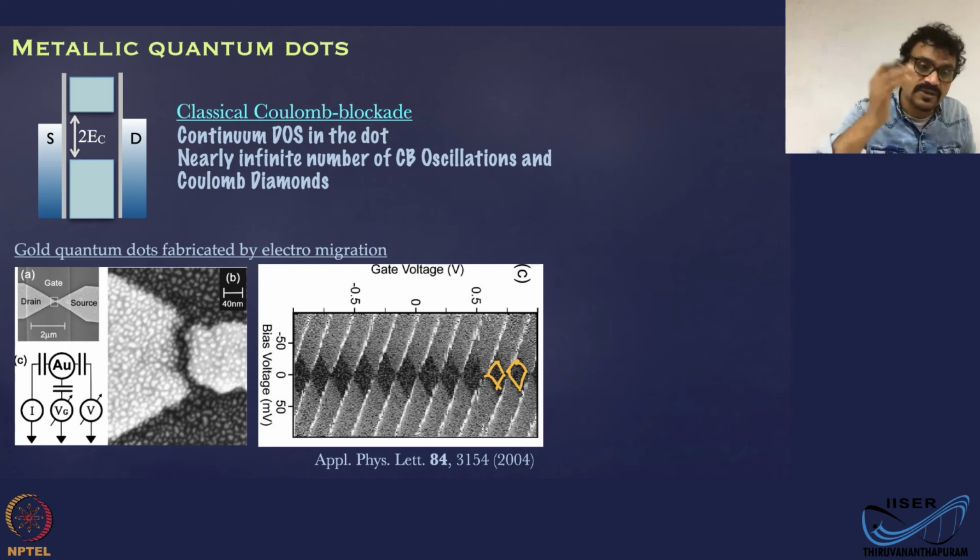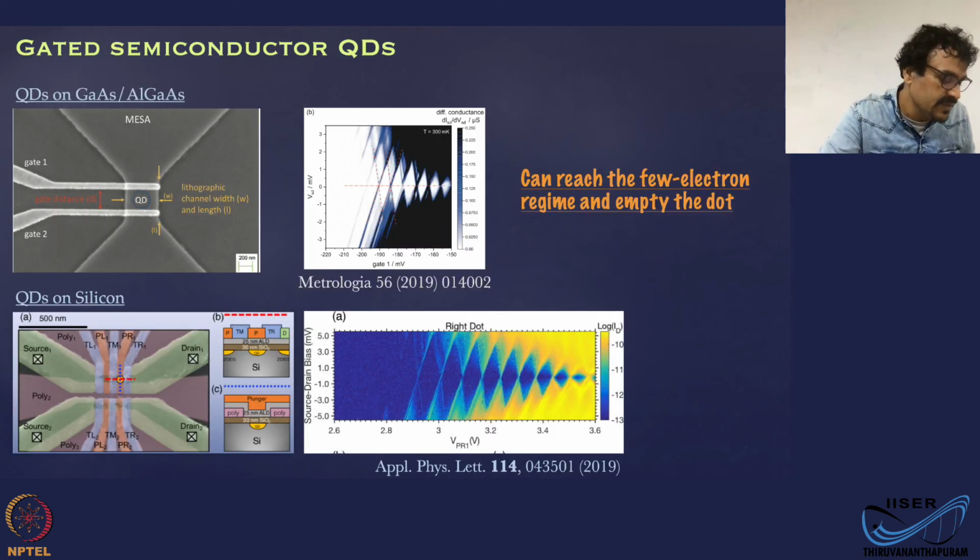Now, when you have a semiconductor quantum dot, such as the gated quantum dot, the situation is slightly different, because you don't have that many electrons as in a metallic quantum dot. The charge density is much lower.